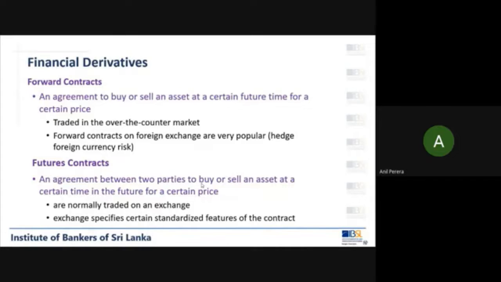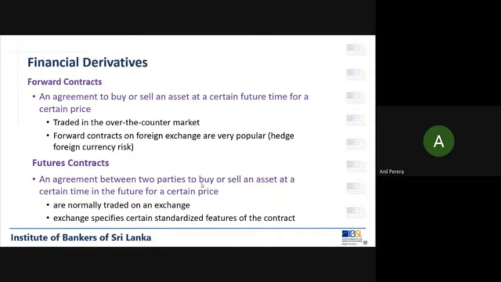All these things will happen, but you agree on the price today, right? So even if the yen price changes in 3 months' time, you still do the transaction at today's agreed price. If you are importing a vehicle from Japan, then even if the yen price changes, you will not have to pay extra or less because of the agreement that you entered into today.